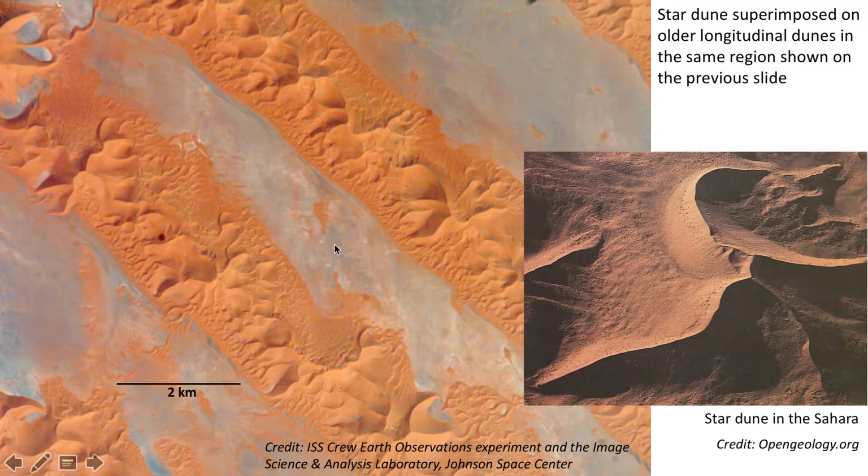And now as time has gone on and the climate has evolved a little bit, we now have multi-directional dunes, and so then these longitudinal dunes may be breaking down into star dunes. And again, there's a beautiful picture of a star dune from the Sahara over here.